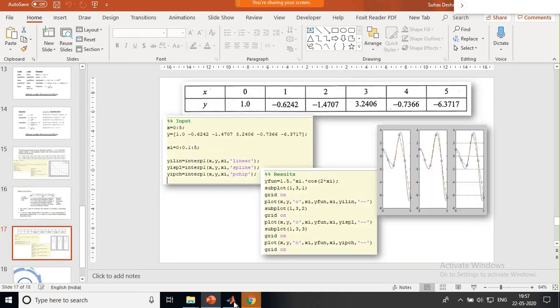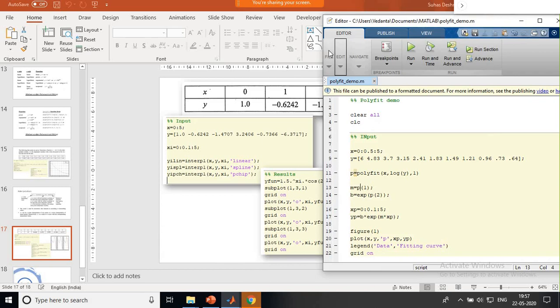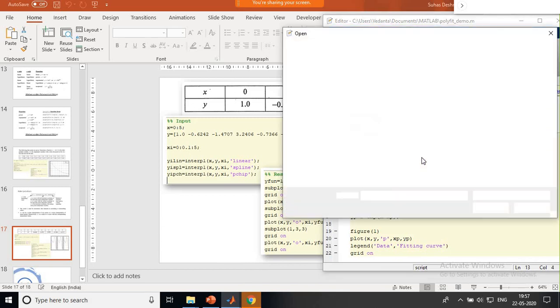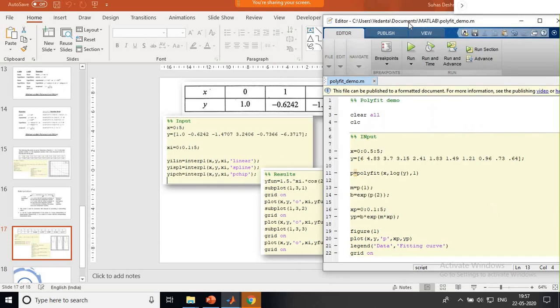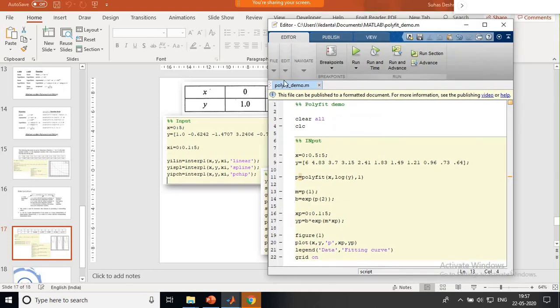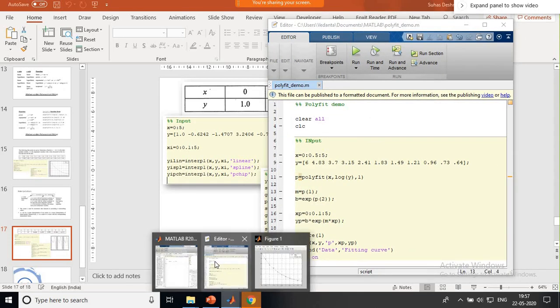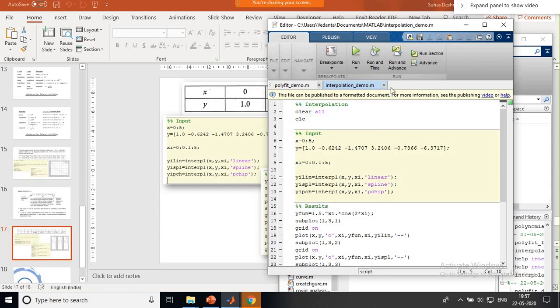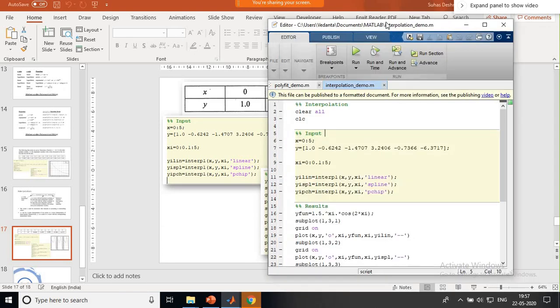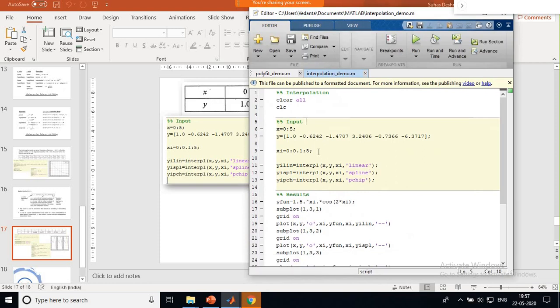We can have a simple example for interpolation. I'll open up one file, I think I already prepared one for this interpolation demo. In this demo you can see one thing. Here, points 0 to 5, these are all the data points.